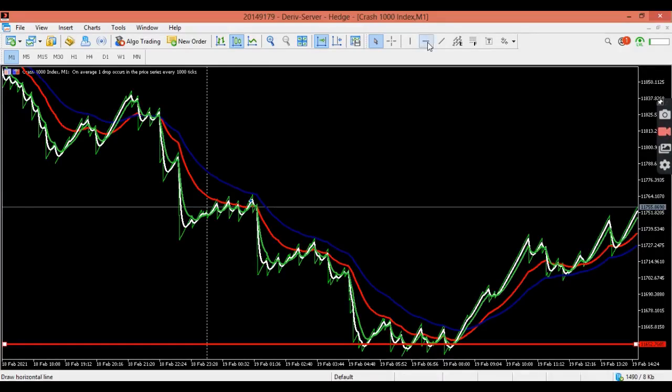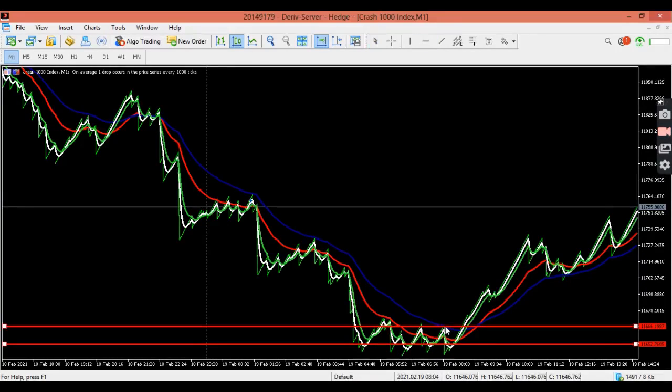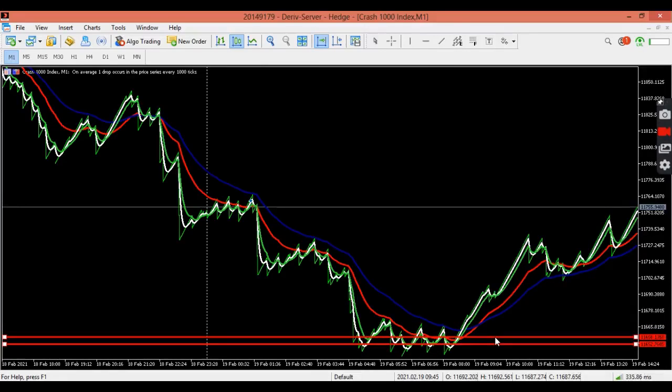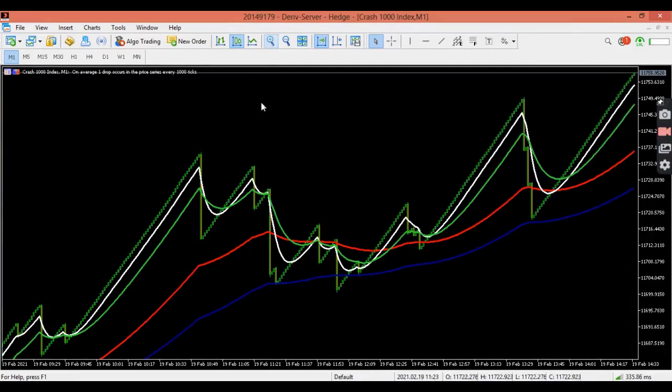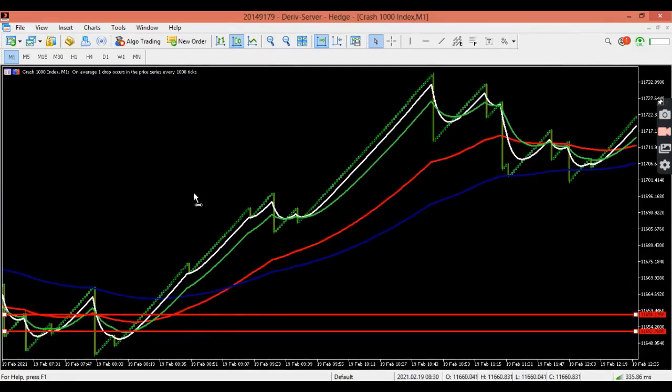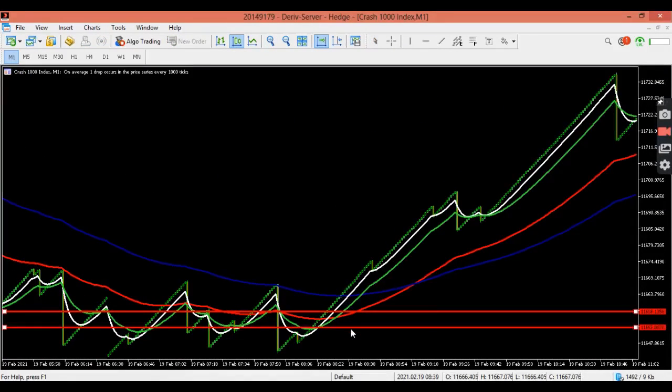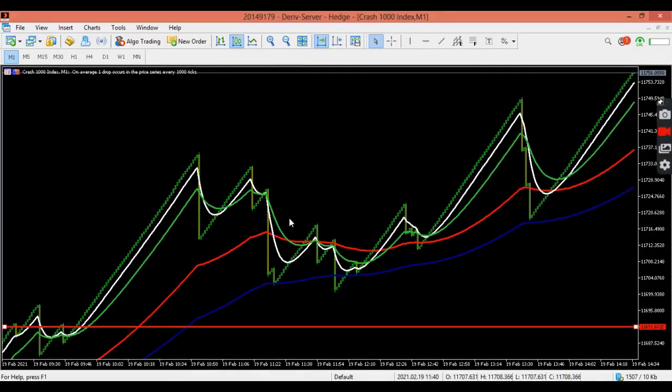This is our second confirmation here. See, the second confirmation is here. Let me show you. This is the first confirmation on the blue.